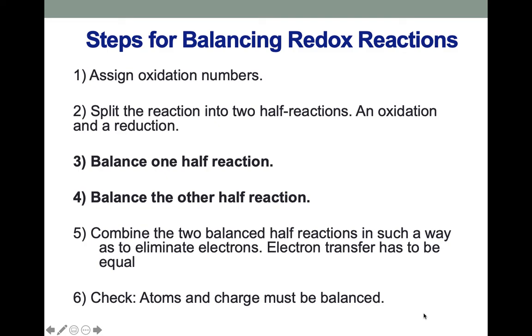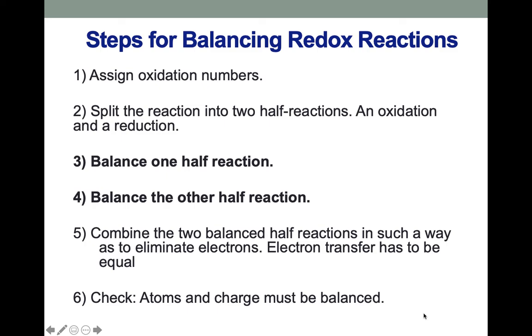You're then going to look for something that has a gain in oxidation number and something with a loss of oxidation number, and that will give you your half reactions.